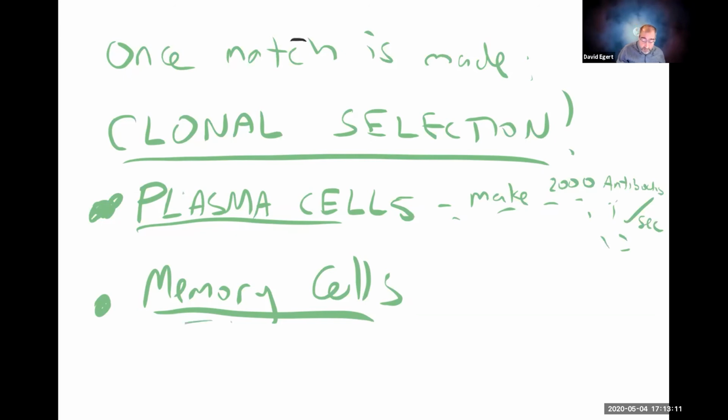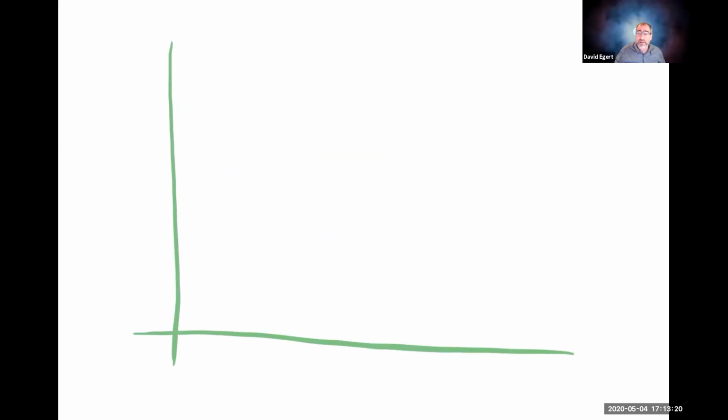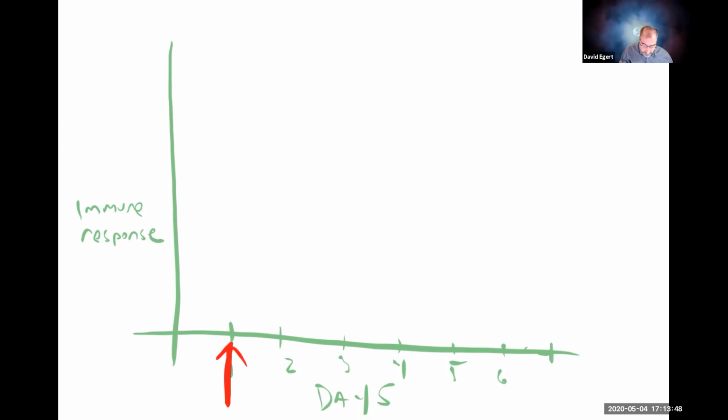So in fact, let's talk about memory right now, just for a few moments. If we do this very generic graph, immune response, whatever that means, and days, 1, 2, 3, 4. Right here, the antigen arrives.